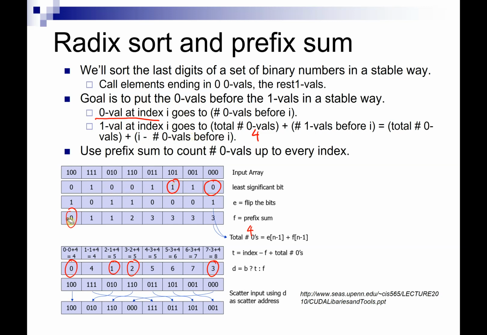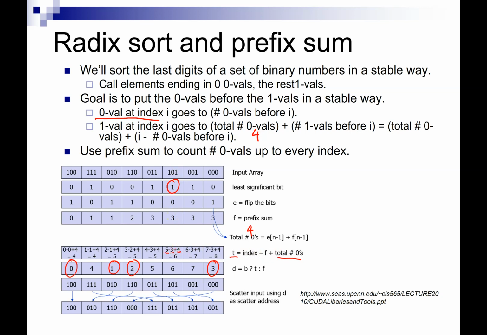As an example of how this works, suppose you take this 1 value here. Let me erase some of this stuff. So the position that it goes to, we can do this calculation here. First of all, the total number of zeros is going to be 4 over here. And the index is, so this is index number 5 over here. And then we need to subtract the number of 0 values, 3.